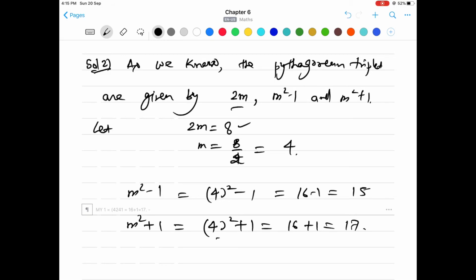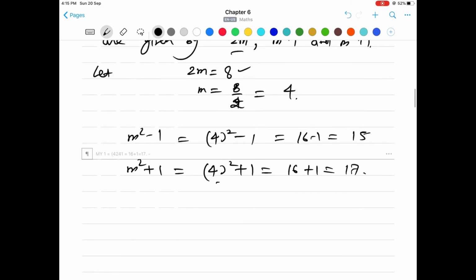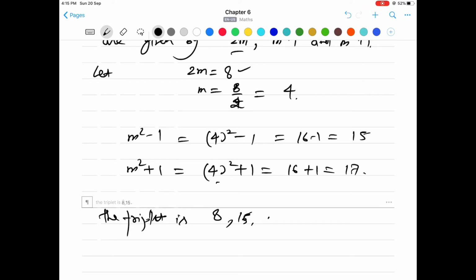So the triplet that we got here is 8, 15 and 17, with 8 as the smallest number.